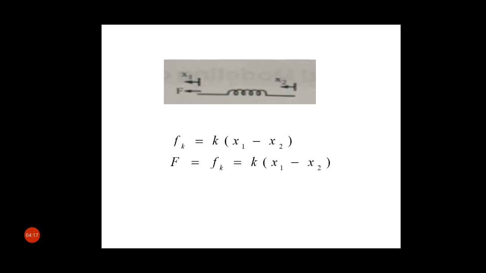When the spring has displacement on both ends as shown in figure, then this restoring force Fk equals k into x1 minus x2. Therefore the applied force F equals the restoring force, which is equivalent to k into x1 minus x2.